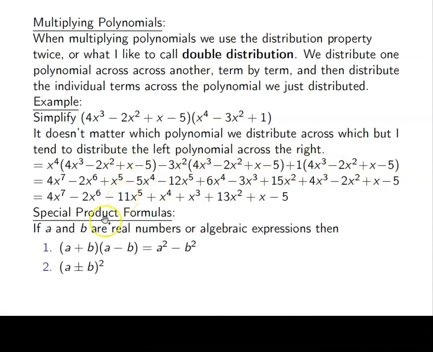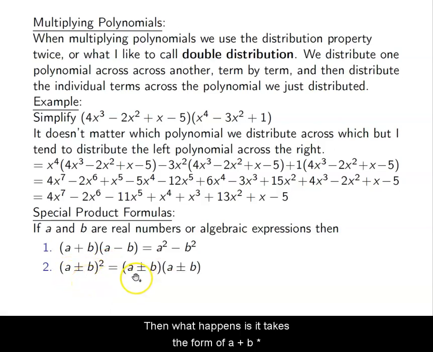If I have a plus b squared, this can also be a minus b squared, okay? Then what happens is it takes the form of a plus b times a plus b, or a minus b times a minus b, depending on what our sign is. It is not a squared plus b squared. That is the number one mistake that I see here, okay?